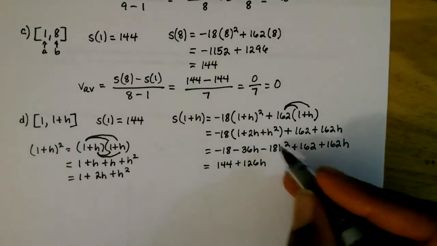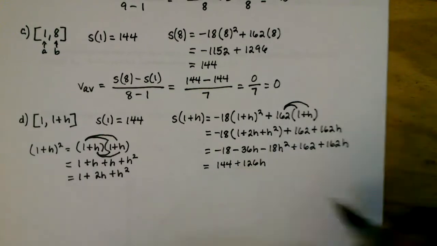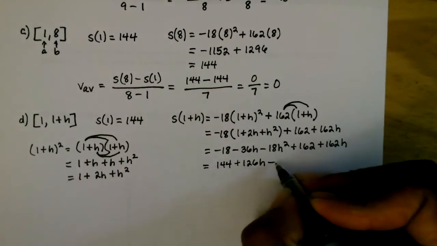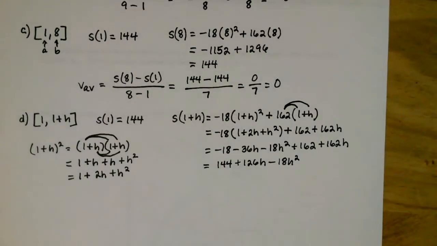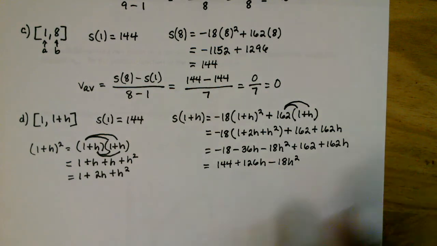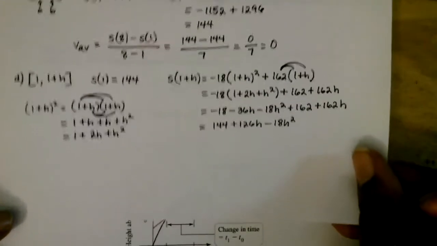And then I got 18h squared. There's nothing to combine with that, so it'd be minus 18h squared. Okay, so that's what s of 1 plus h would be: 144 plus 126h minus 18h squared. Now let's find the average velocity for this.